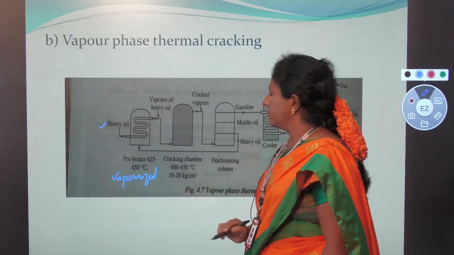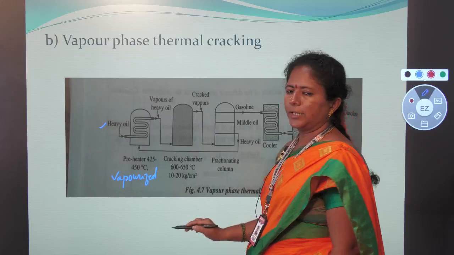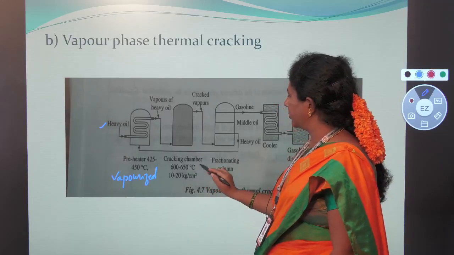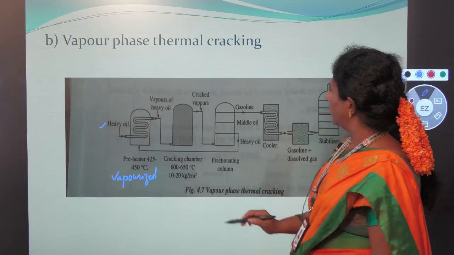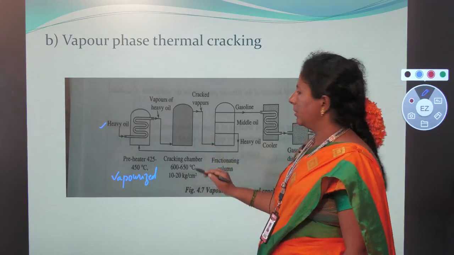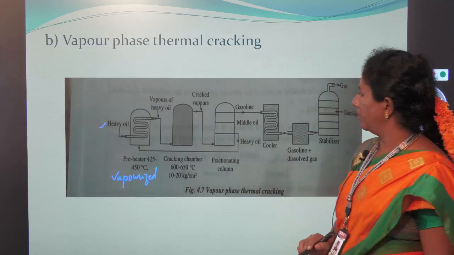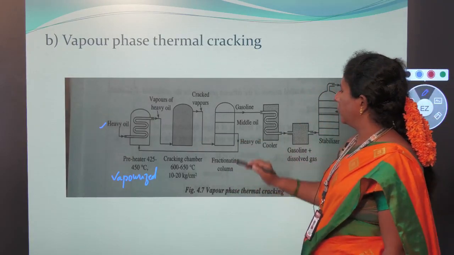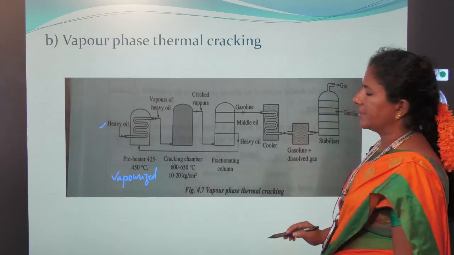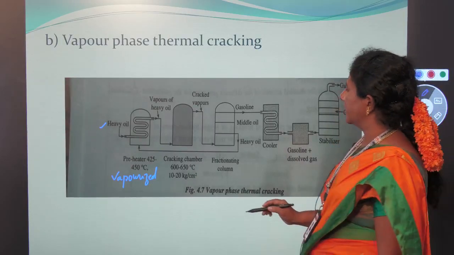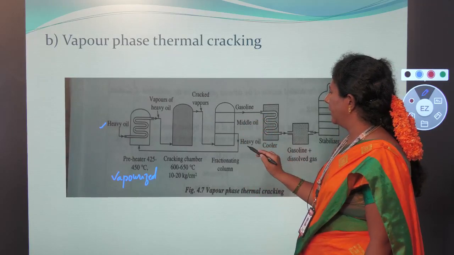Here they are heated to a temperature of 600 to 650 degrees centigrade under a pressure of 20 kg per centimeter square. The cracked products are formed and passed into the fractionating column, where various fractions are separated based on differences in their boiling points, and we get gasoline, middle oil and heavy oil.